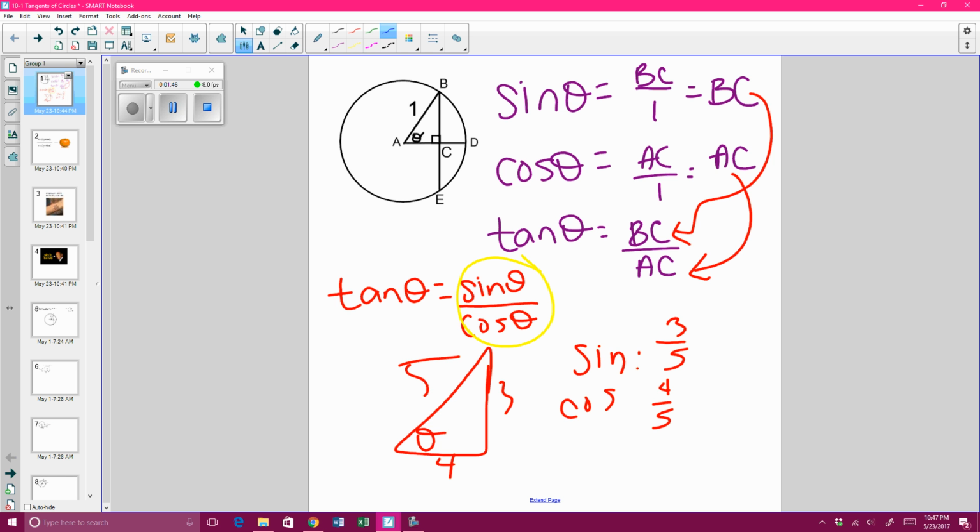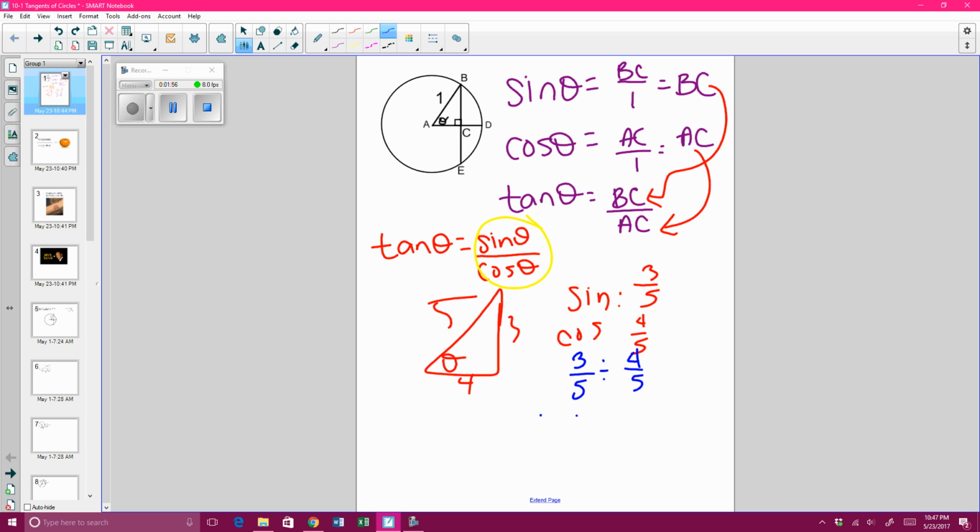So let's take sine, which is 3/5, and divide 3/5 by 4/5. You'll remember from fractions that you keep the first fraction and multiply by the reciprocal, which would be 5/4. You can cross simplify, and therefore the answer would be 3/4.